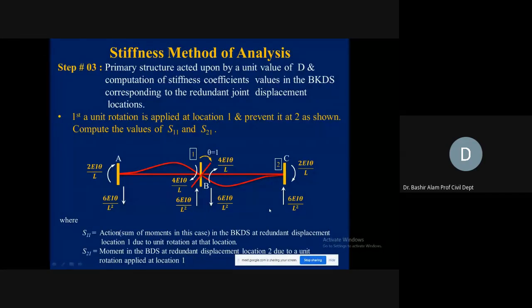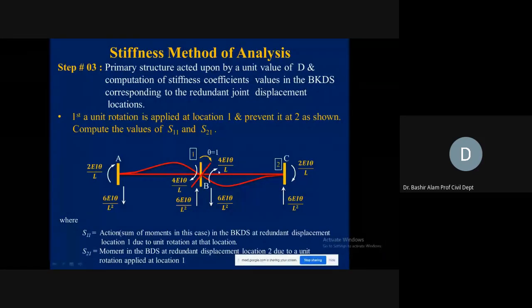S11, again, the subscript, as we did in the case of F11 and F21, is the same concept. One is the location, and the second subscript comes from the cause where you are applying the unit displacement. So here we are applying the unit displacement at this one location.